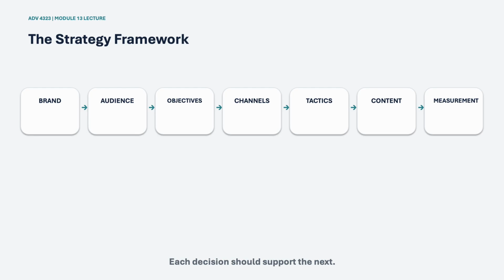Each decision should support the next. For example, your audience should influence your channel selection. Your objectives should influence your tactics. And your objectives should also determine what you measure. That connection between the pieces is what makes this a strategy rather than simply a collection of social media activities.